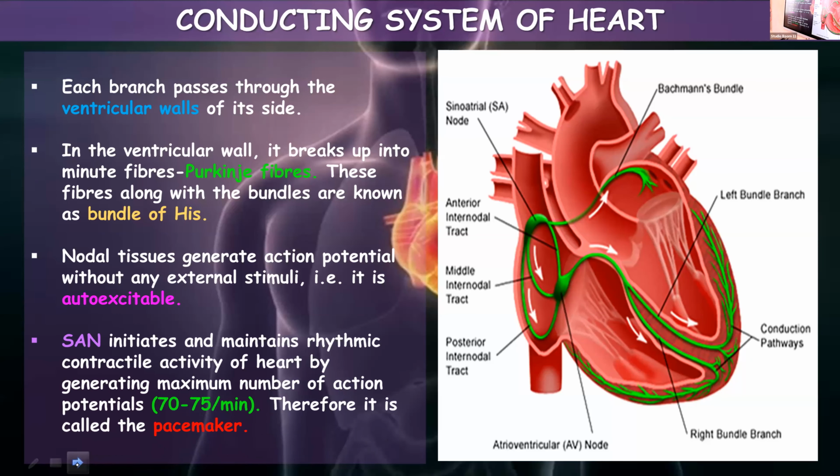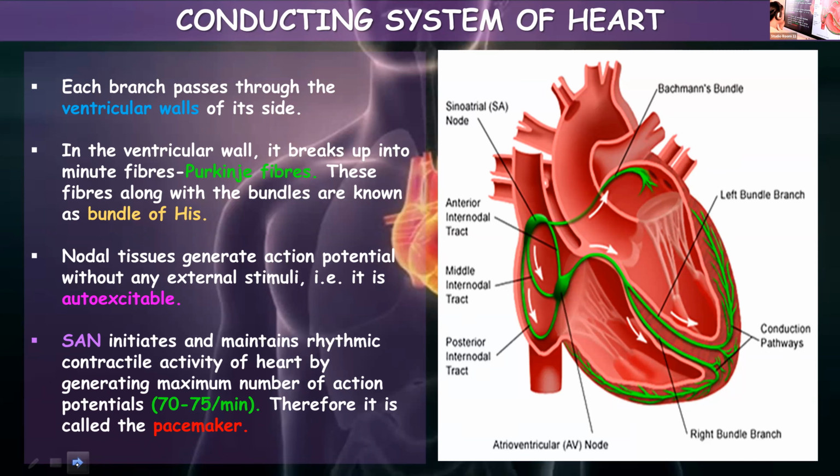Now, the sinoatrial node initiates and maintains. So, initiation of this impulse is by the SAN. It will initiate and help in maintaining rhythmic contractile activity. You have learned in lower classes that the cardiac muscles or heart keeps on working, undergoing rhythmic contraction and relaxation without taking any rest till the end of your life.